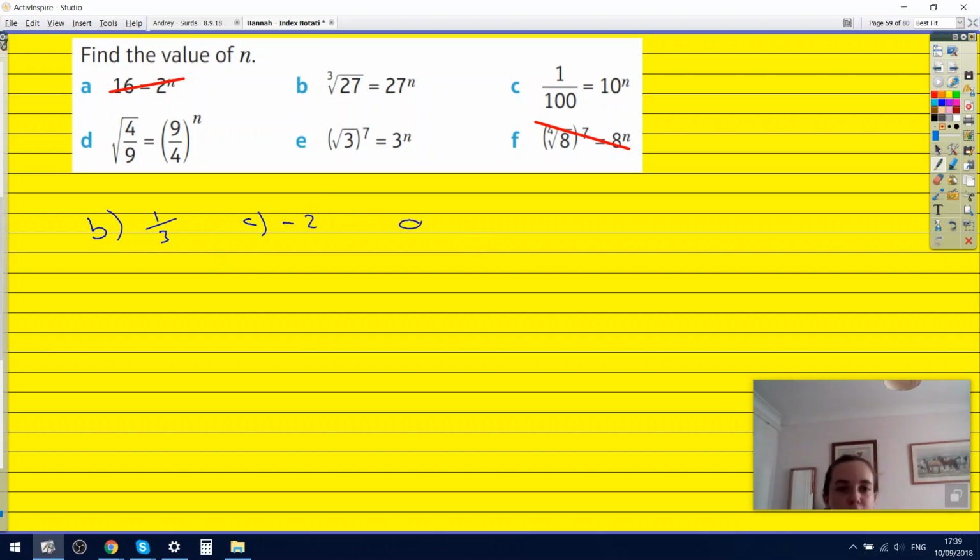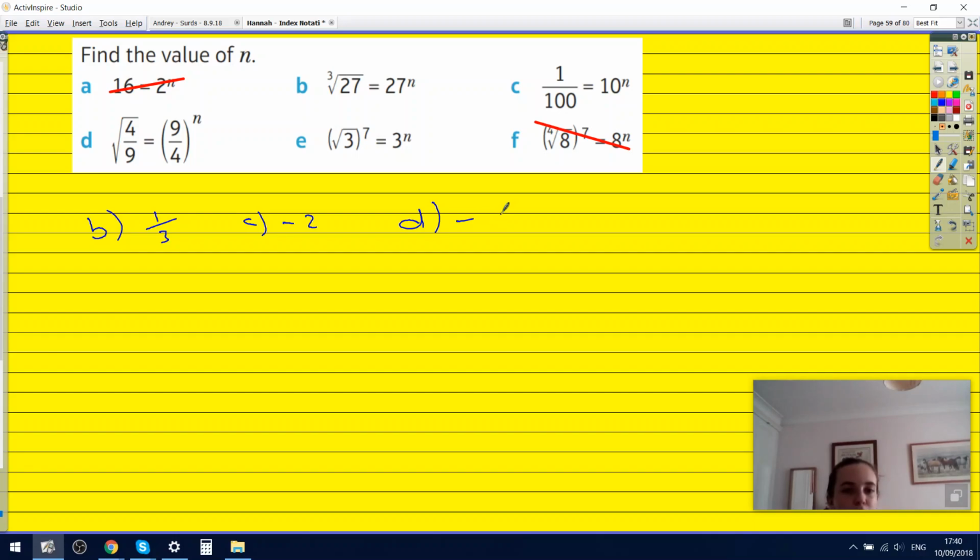How about D? To the minus 1. So to the minus, and then how do you get square root? Minus 2.